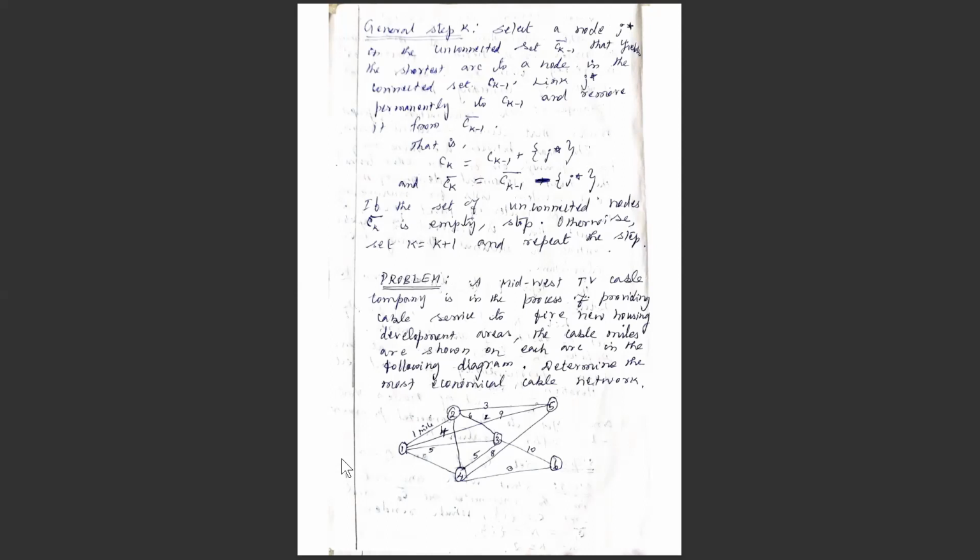So the network is given below and the cable miles are shown on each arc. That is the length from one node to another node. Determine the most economical cable network. So this is the question. So we have 6 nodes and the cable miles, that is the distance between the 2 nodes, are provided on the arc.